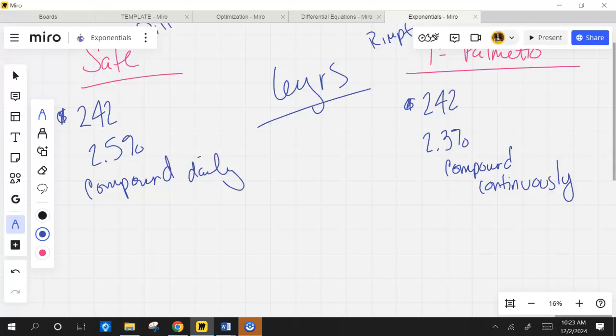Different formulas. The E on your calculator.